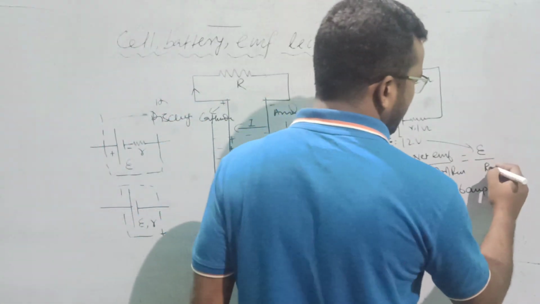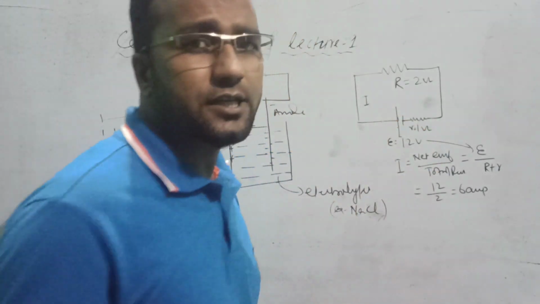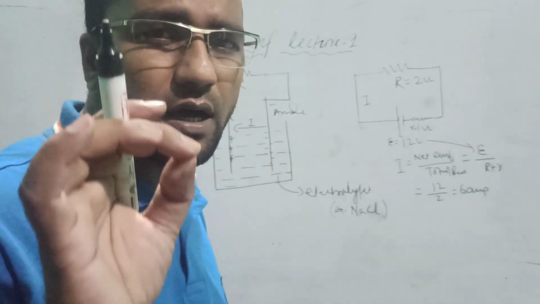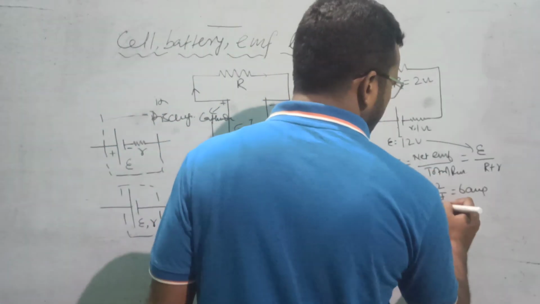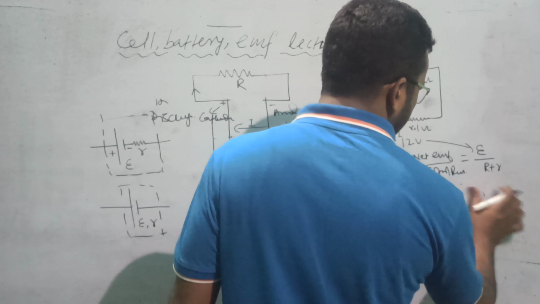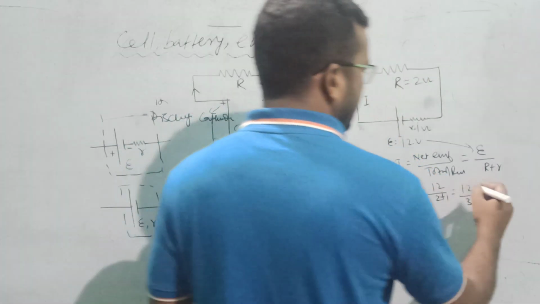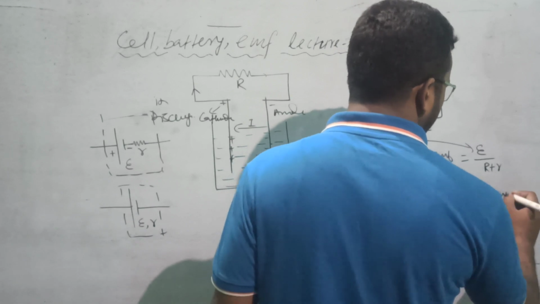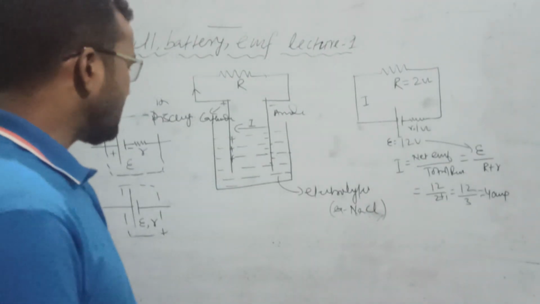Now the formula will be like this, because this capital R and this small r are in series combination. So here it will be 12 by 3. And the answer will be 4 ampere. Okay, so now it is clear.